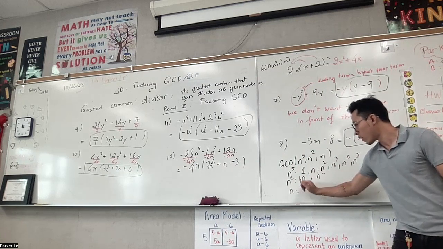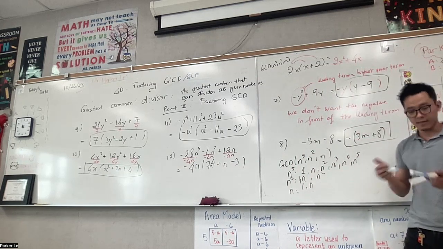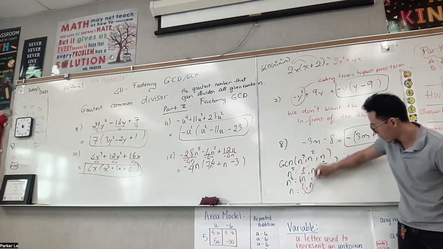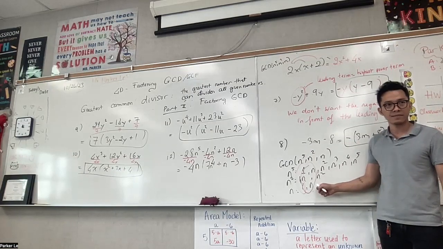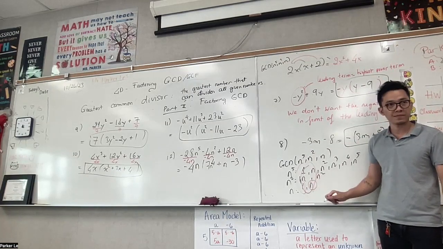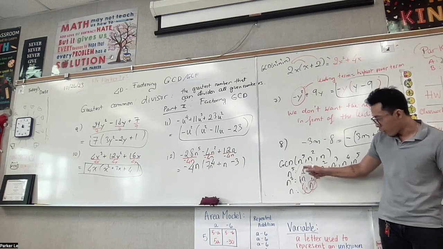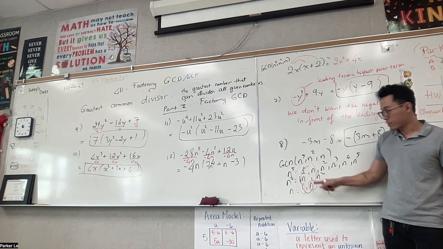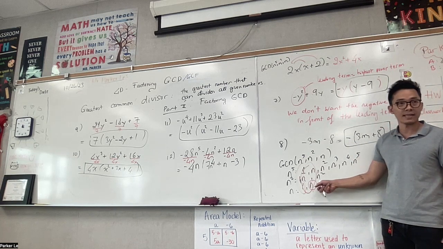How about n? Only 1 and n. So the common ones: they all have 1, they all have n. So n is the greatest common factor. They all have the number 1 and they all have the divisor n. That's the common one. So 1 and n, the greatest is n.